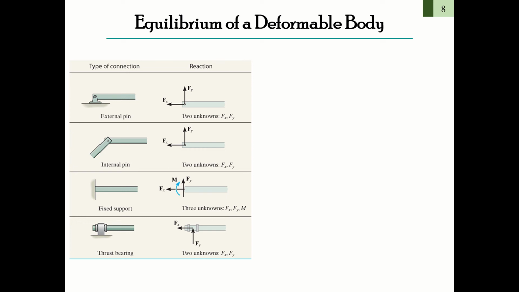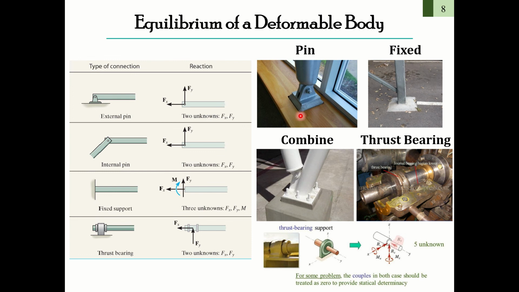In the real world we have the pin condition, and on a basketball field you can see the fixed condition. This condition is very interesting: it has the fixed condition here and the pin condition here. It's very complicated, but you can still solve it if you have learned statics well.